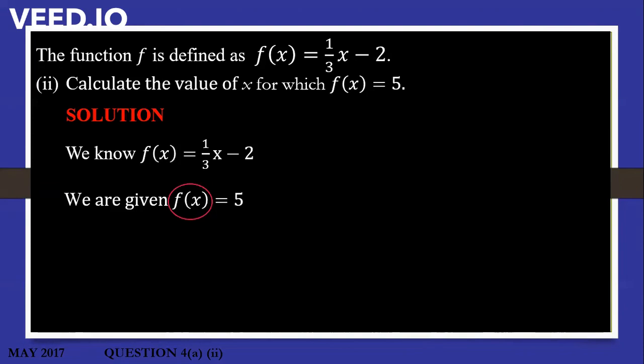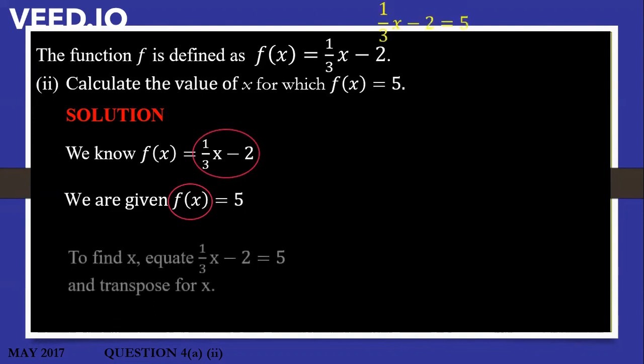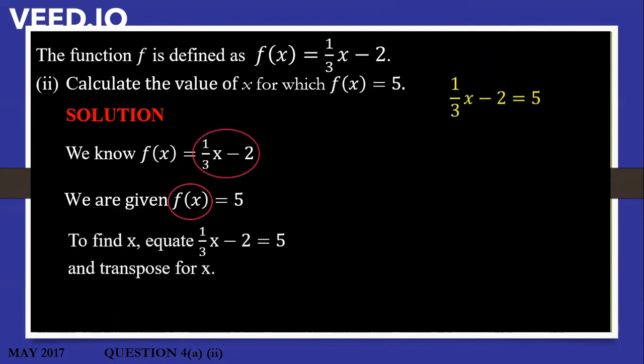We know that f of x is 1/3 x minus 2. So in order to find x, we are going to equate 1/3 x minus 2 to 5 and transpose for x. This will give us 1/3 x minus 2 equals 5.